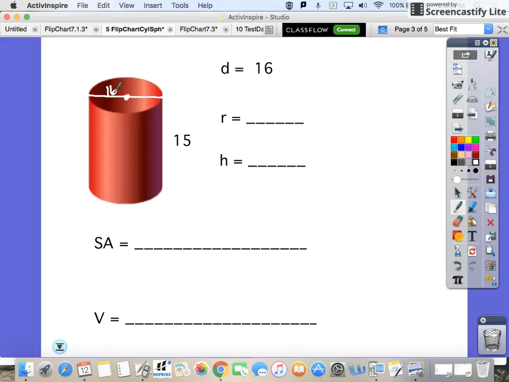Now the radius, if you'll remember, is from the center to the edge. So if the full distance is 16, that means that the radius is 8. We did 16 divided by 2. We'll say inches because why not? All right, so then the height, they already gave that to us. The height is 15 inches.